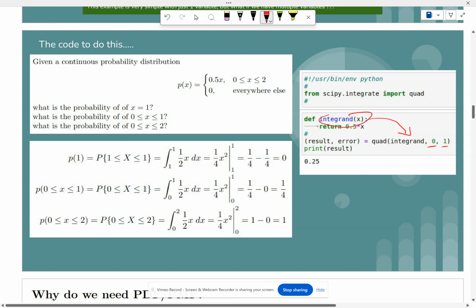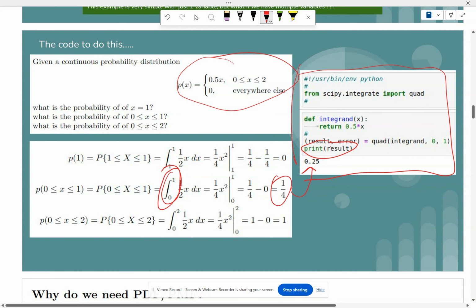Remember, that's the interval. Once you do that, voila, you have the result. And remember, it was 0.25. I want you to know the idea that you can find the probability by taking the integral. But very often, you can just use Python to do integration for you.